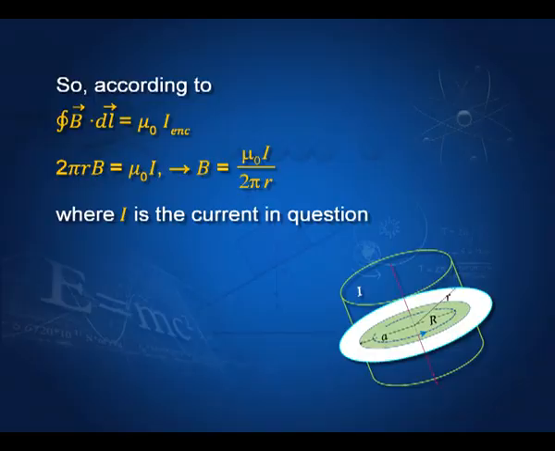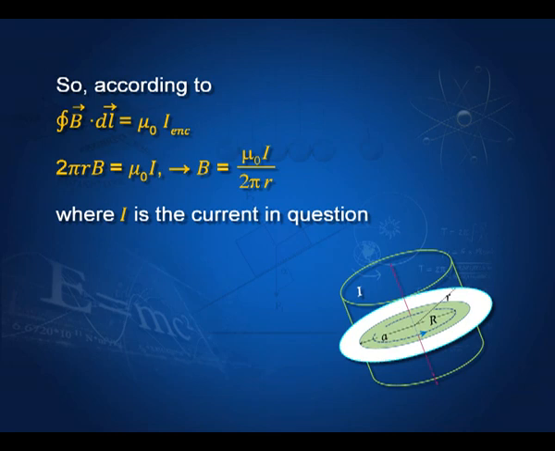Therefore, 2 pi r times B is equal to mu 0 I, and at a distance r, B is equal to mu 0 I by 2 pi r.